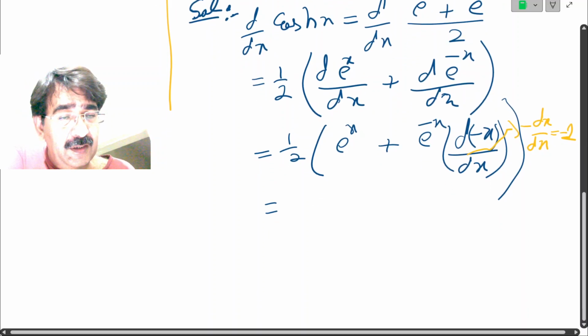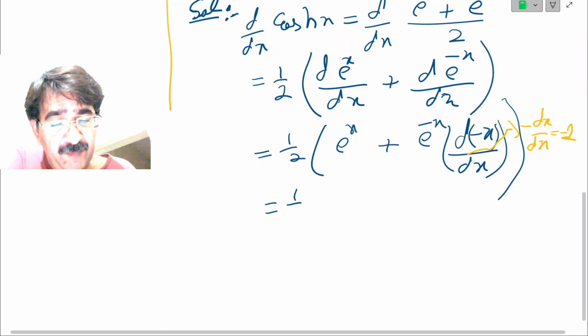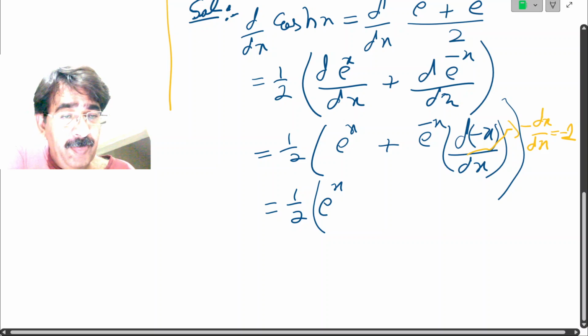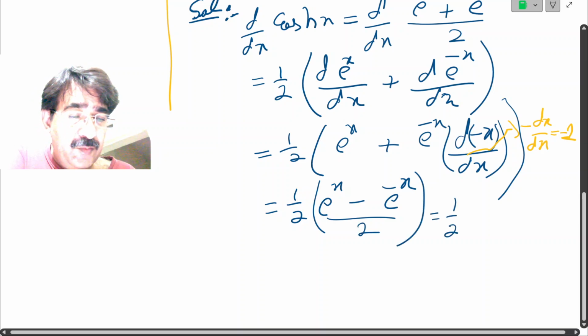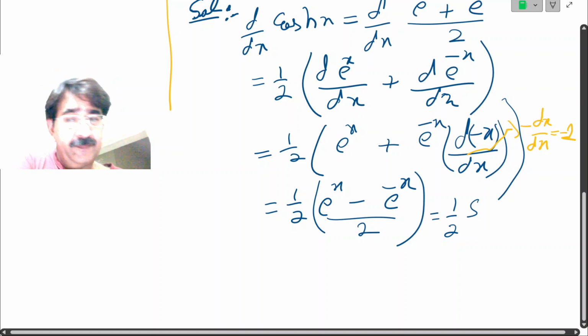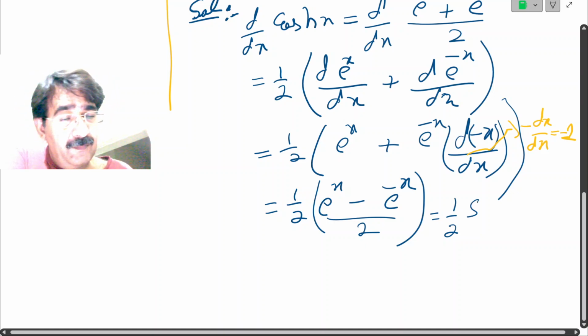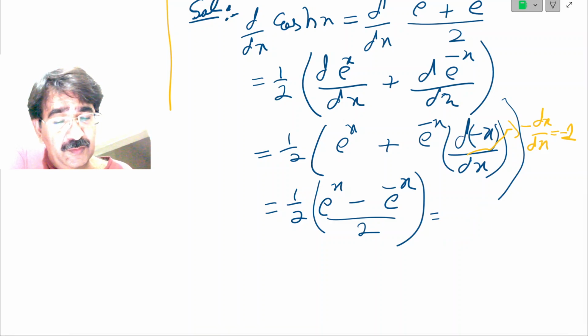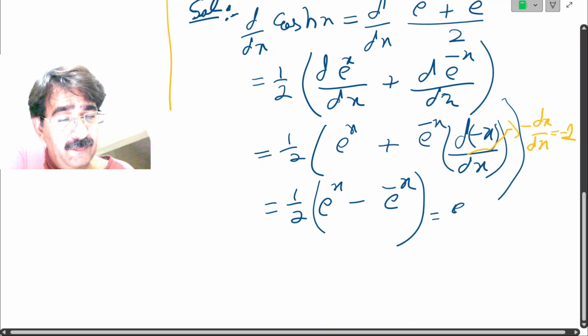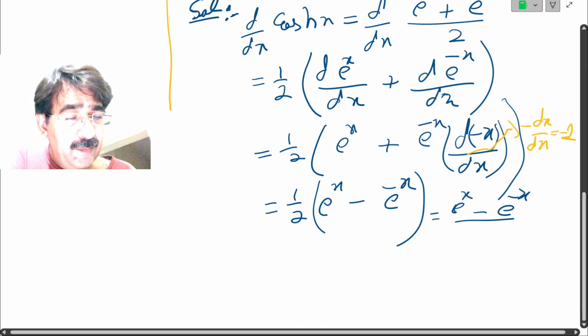So the answer will be 1 by 2, e^x minus e^(-x), and this will be a 1 by 2, sorry. Here it is not 2, you may write e^x minus e^(-x) divided by 2.